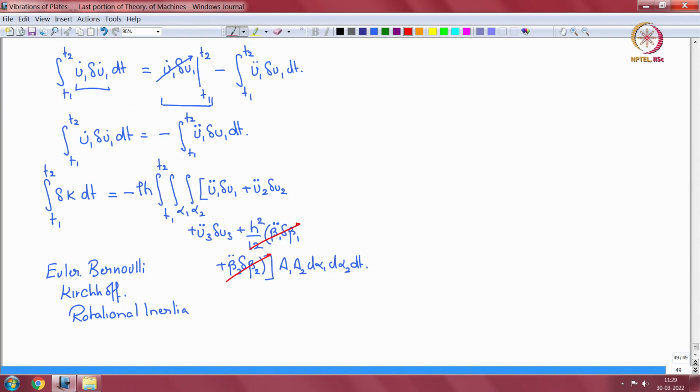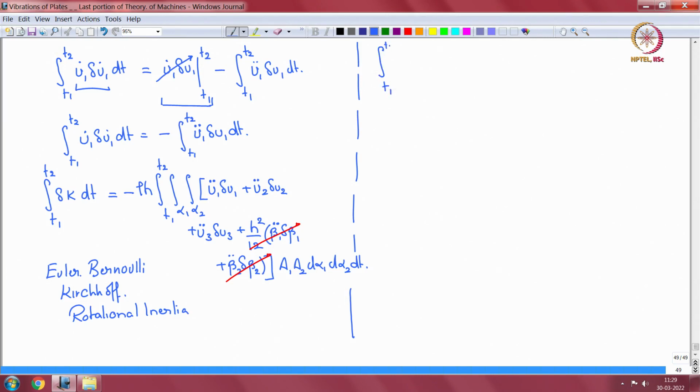Okay. So, the net effect of the kinetic energy term. So, we have to remember the signs as well.